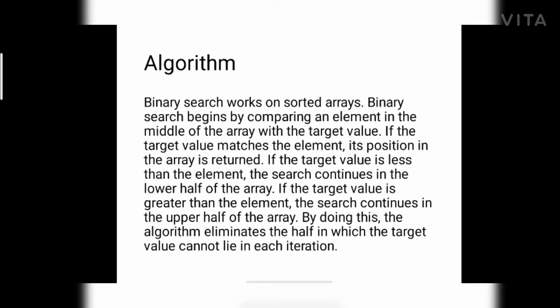Like this it continues, the search continues in the upper half of the array. By doing this, the algorithm eliminates the half in which the target value cannot lie in each iteration.